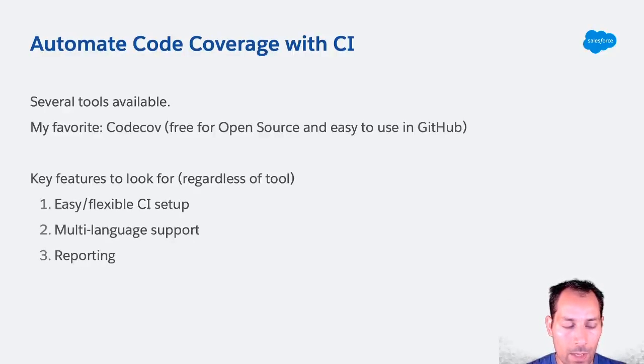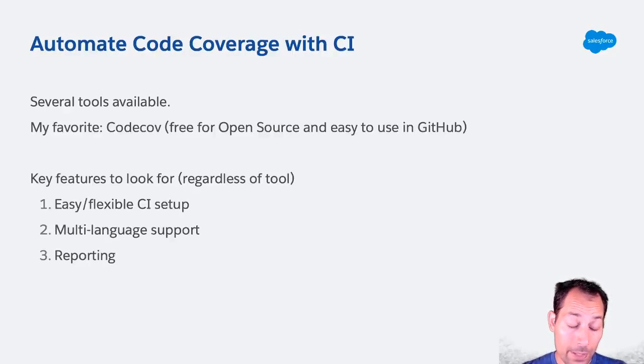And so regardless of the tool you choose, you want to be looking for a couple of really must-have features to do code coverage in an automated way. What you want to be looking for is something that is very simple and yet flexible to install in your CI environment. So you want to have the ability to configure it in a way that is adapted to your project.